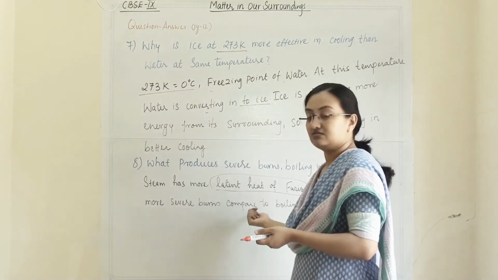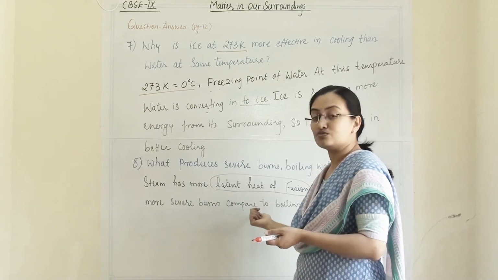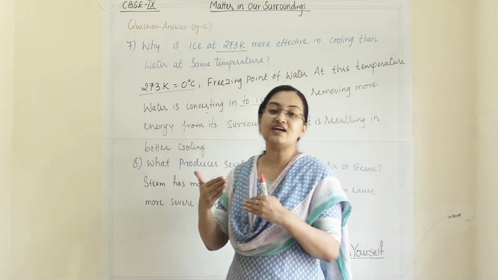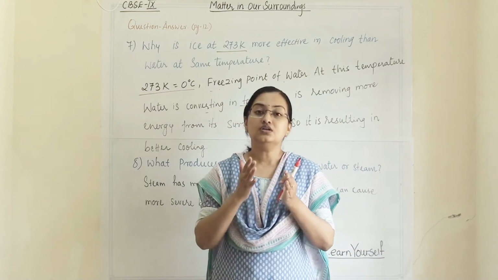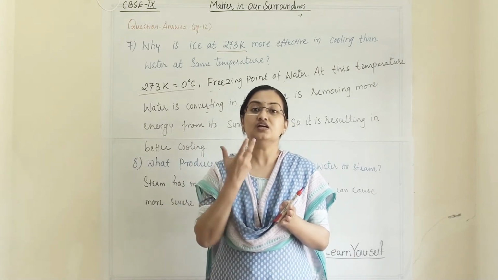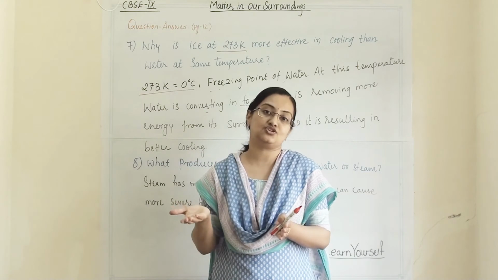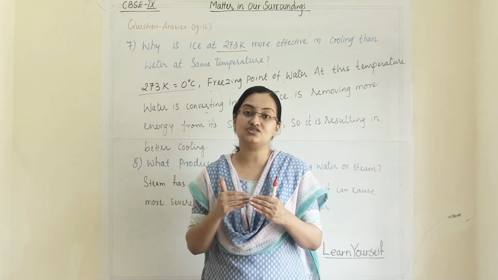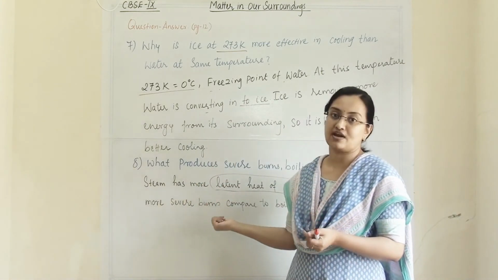But here the temperature is high for steam, so it causes severe burns. So the temperature effect depends on what it is converting into and which state is in the transition phase. We have to compare according to the temperature, and write the effect of that particular thing.